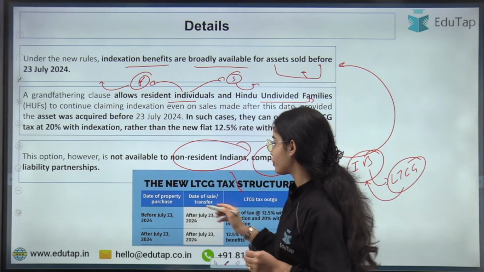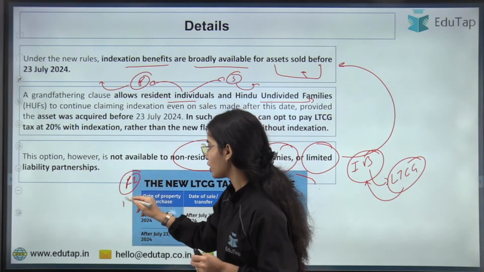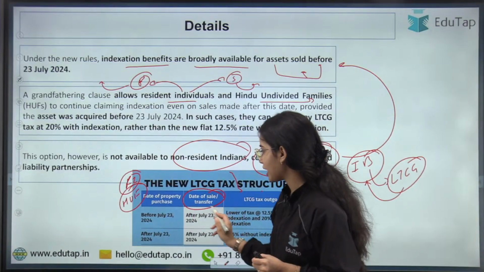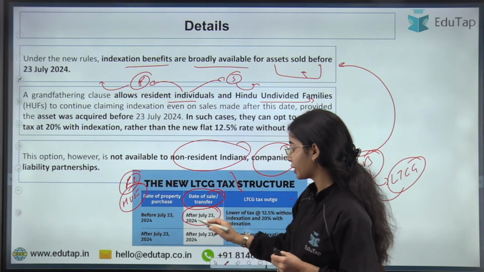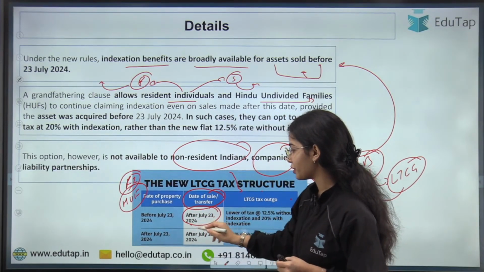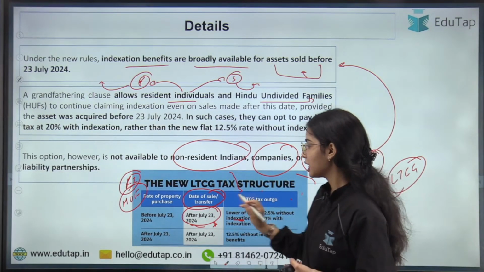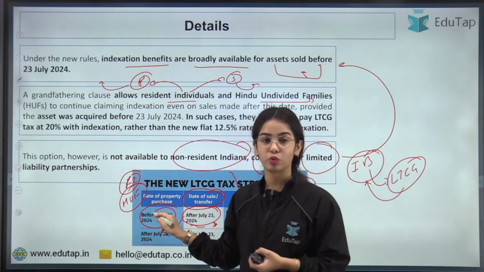Okay, but in case of resident individuals and Hindu undivided families, they will get the benefit of the indexation if they are selling the property after 23 July 2024 and have purchased the property before this date.